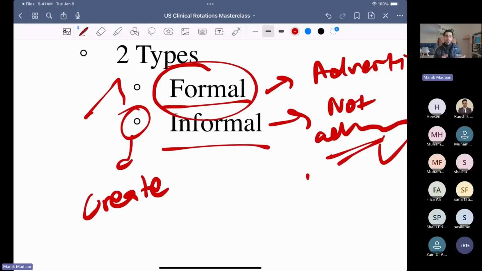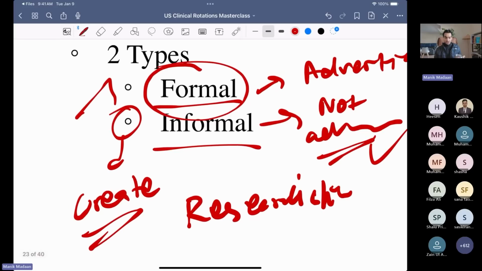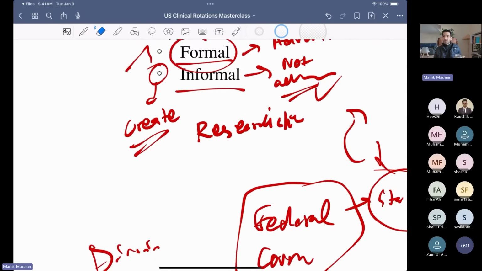An example, and I'll go into this later as well, is what we call researcherships, which is if you're a research fellow and the program likes you, you're working with them, you've contributed a lot, even if they might not have a sub-internship they're advertising, if they think they want to work with you, they want to help you, they will create a position for you, right?